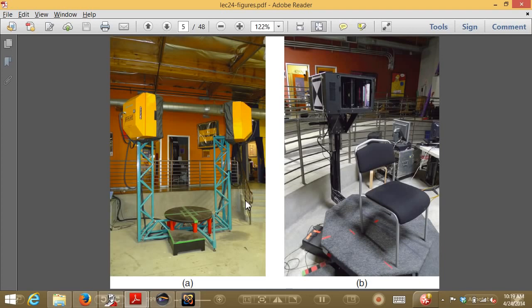And so these yellow things have the laser stripe projectors, and they have the cameras inside of them. And then these things are all super calibrated against each other so that I know how to put that whole ring of data back together into 3D. And this is a similar system specifically for head scanning.